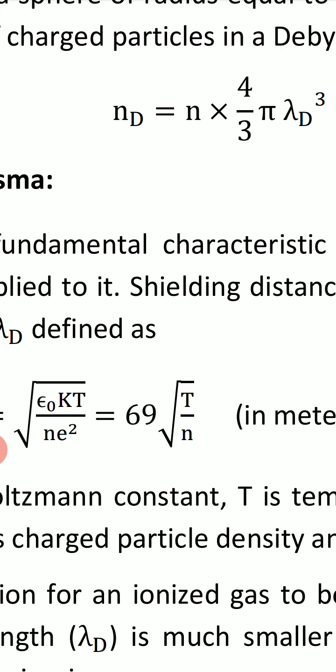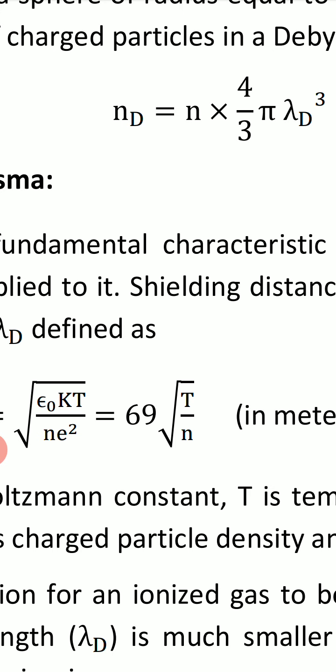We write it as Nd, and Debye sphere is the sphere having radius equal to lambda d, the Debye length.